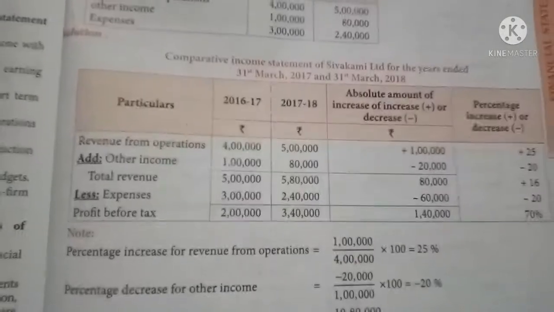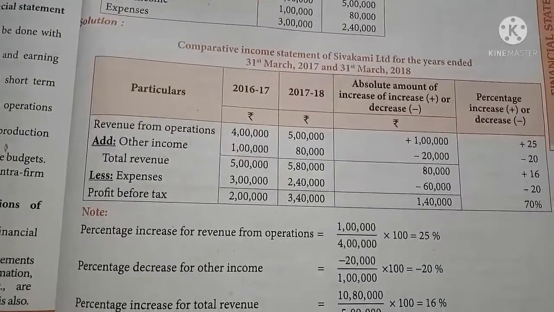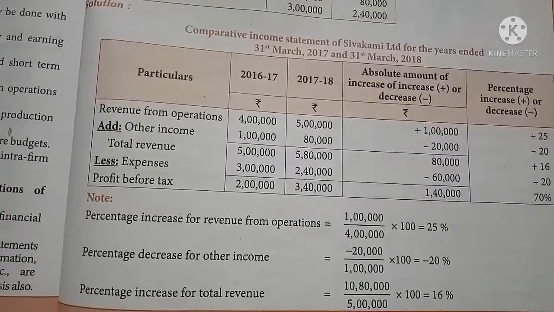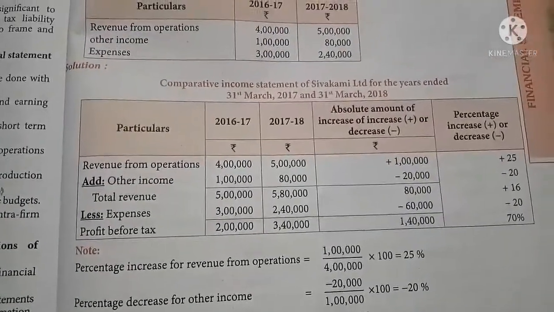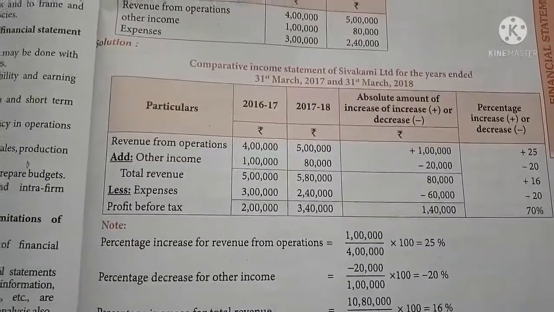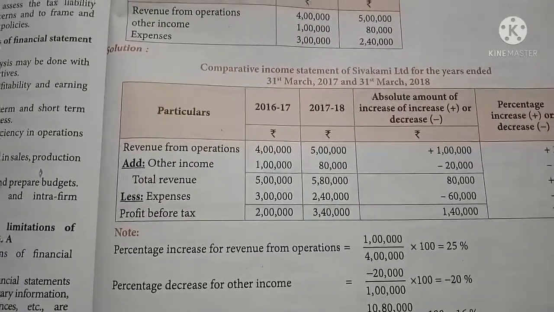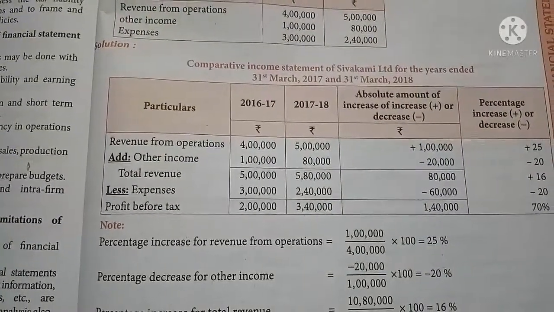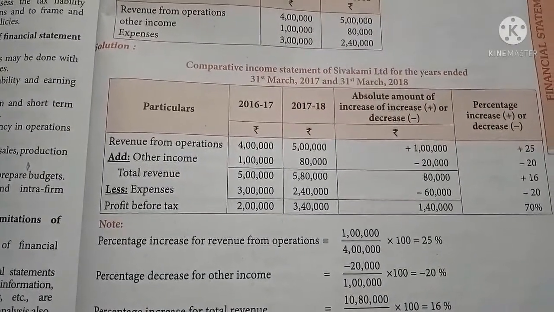First you should take the revenue, followed by other income if any, add, then find the total amount, and then less expenses if any given in the sum, subtract it, the profit will arise. You can compare second year amount to the first year amount, and you can write whether increase or decrease, and also find the percentage.